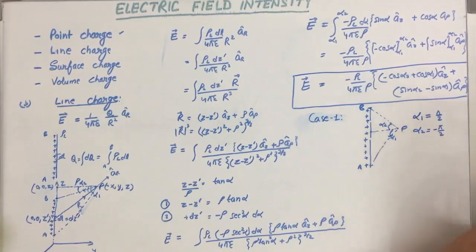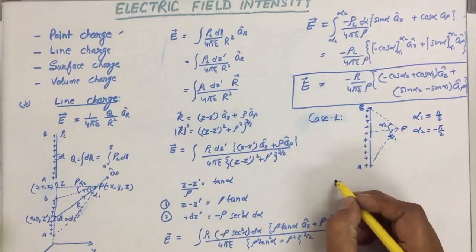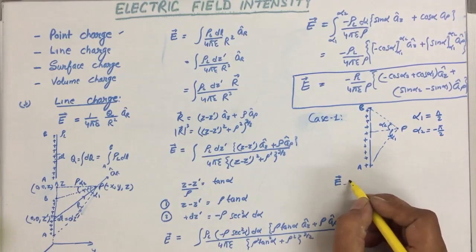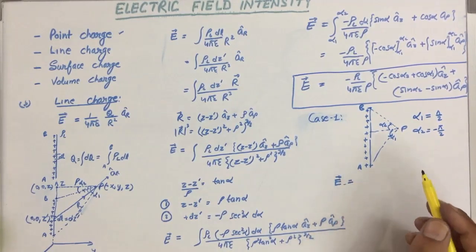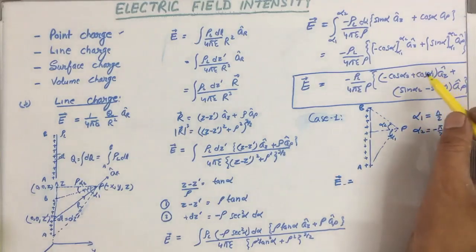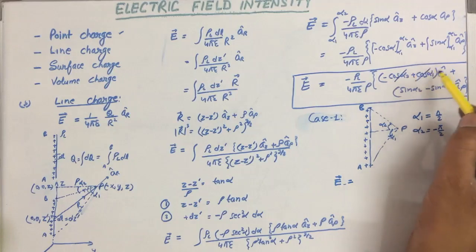Hopefully it is clear. In that case, the electric field intensity due to an infinite line charge will be equal to, put the value of alpha 1 and alpha 2 here. Cos alpha is 0, so there will be no az component.